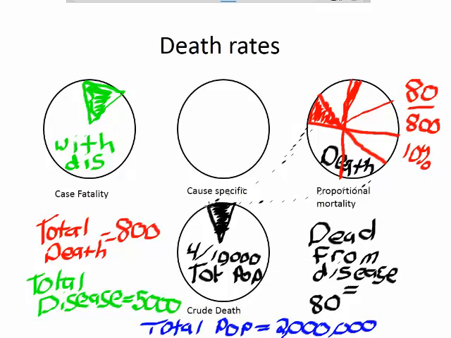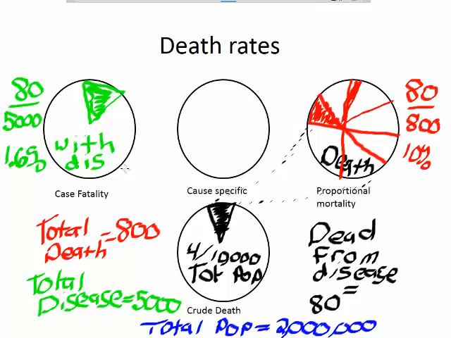So 80 out of 5,000, if we calculate 80 divided by 5,000, this tells us how deadly the particular disease is. In this case, 1.6% of all the people who get this disease will end up dead. This is frequently called the deadliness calculation. It tells us how deadly a particular disease is.